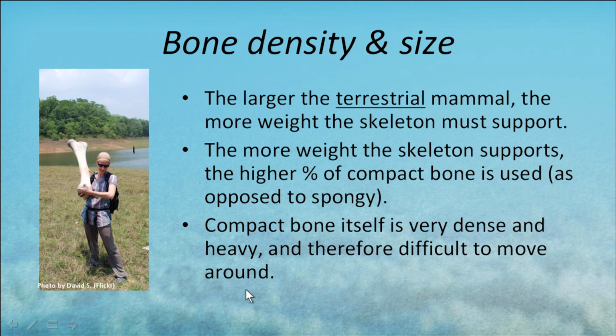So the heavier your bones are, the more difficult it's going to be for your muscles to move them, and so the more difficult it's going to be to move around. And if you can imagine rhinos or elephants moving around, they tend to move around rather sluggishly. They're not very fast or quick, in part because their bones themselves are so heavy.